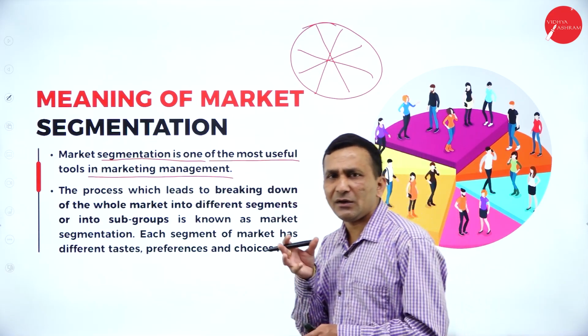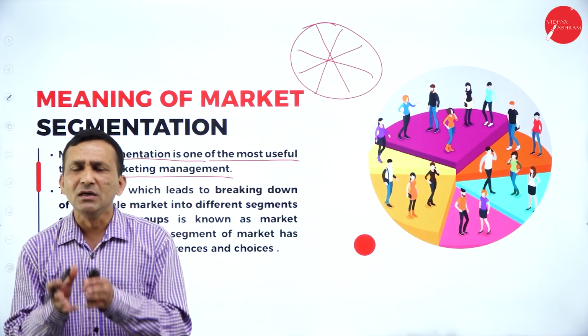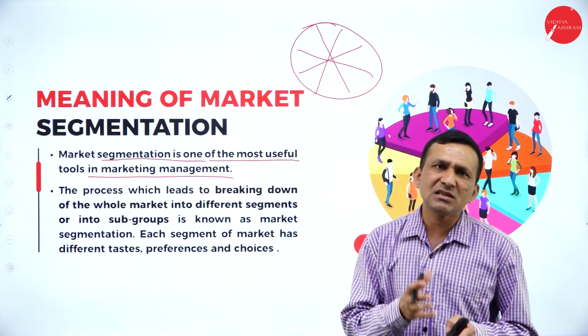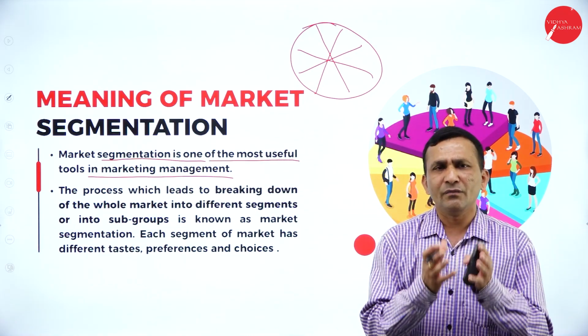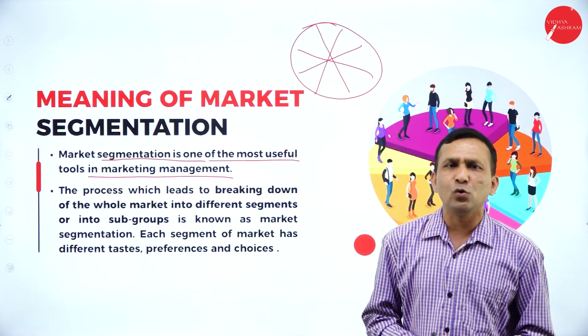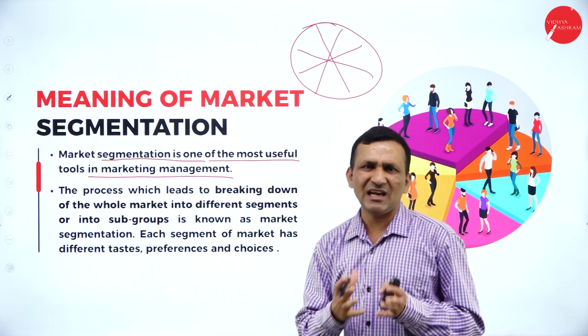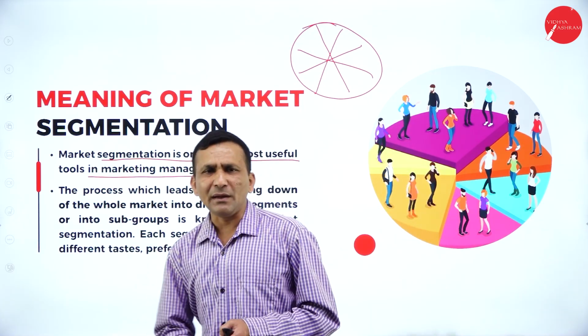So we need to target and focus on where our customers or consumers are located. For a farmer-related product, the farmer is located in a rural area, so the area we study comes under segmentation, which is very important.